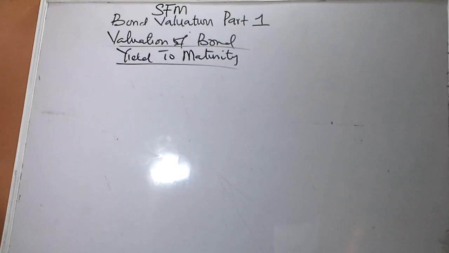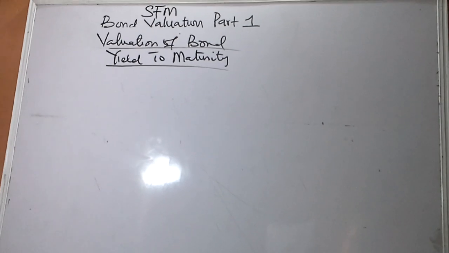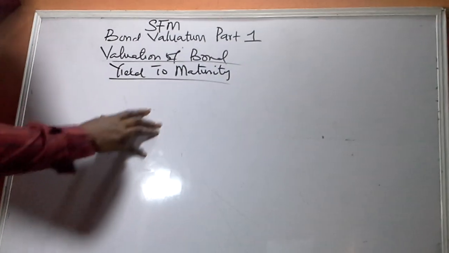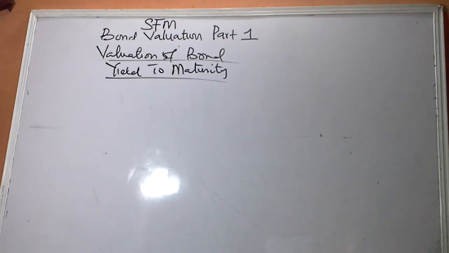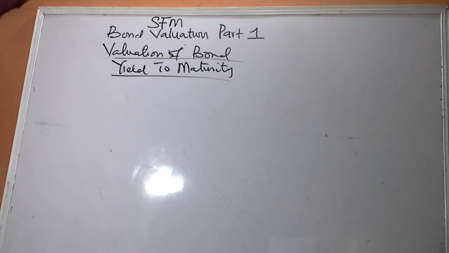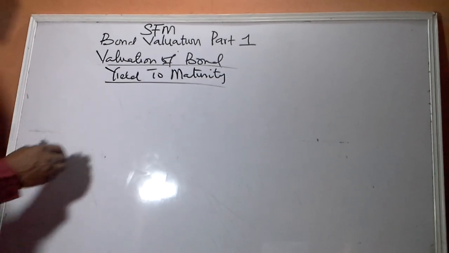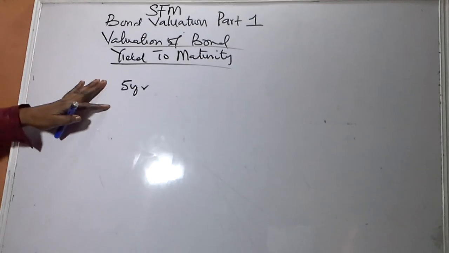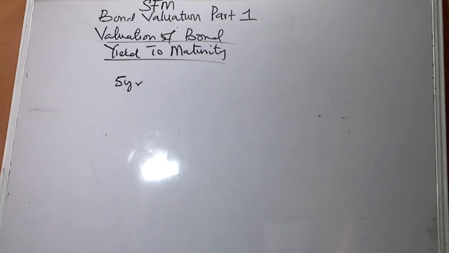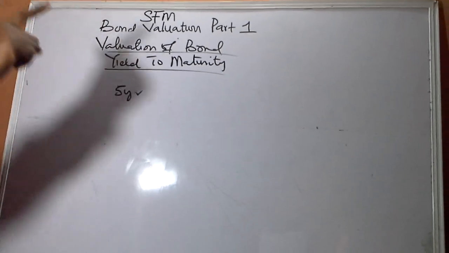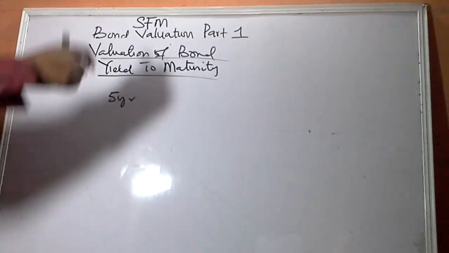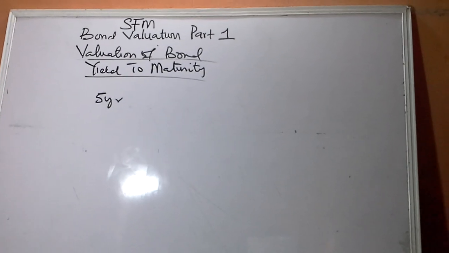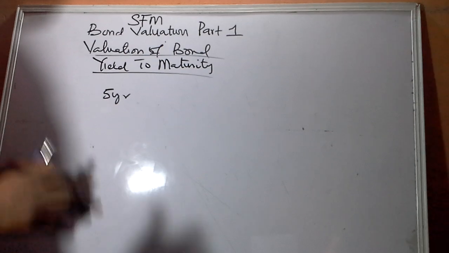Now, when a bond is valued at yield to maturity, we are saying that the bondholder will keep the bond till the date of redemption. That is, if you are investing in a 5 years bond, then you are going to keep the bond to the date of redemption, and one single return will be used to value the bond for all the years of the bond. That is yield to maturity.